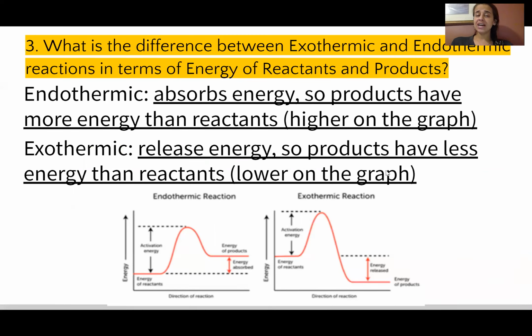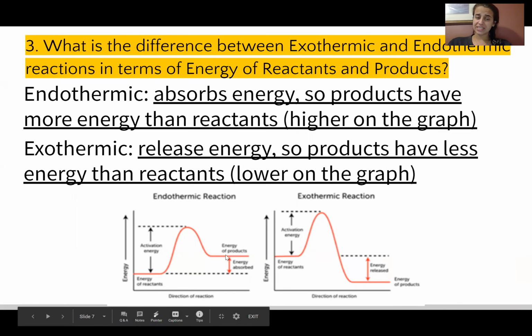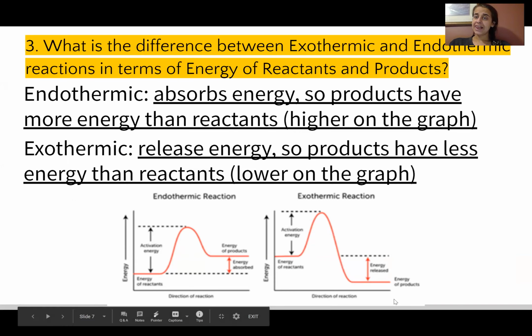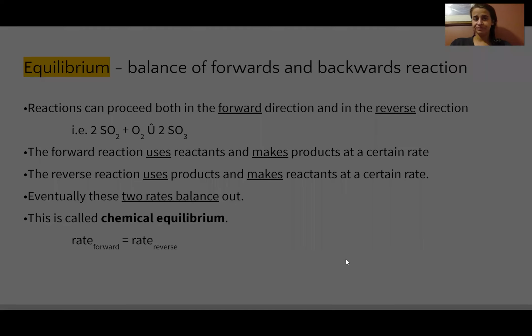So endothermic reactions are absorbing energy, so their products have more energy than their reactants. So it's going to be this first graph right here on our left, whereas exothermic reactions are giving off energy, so they're going to have less energy in the products. So it's going to look like this one on the right.